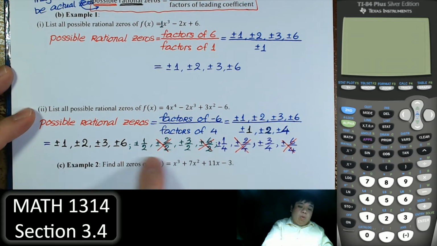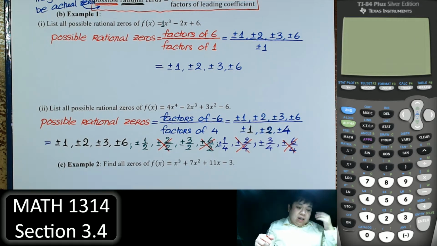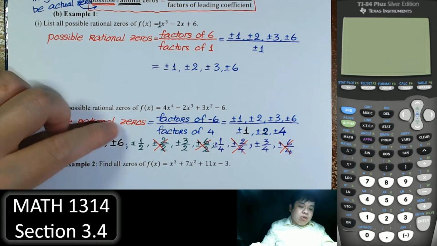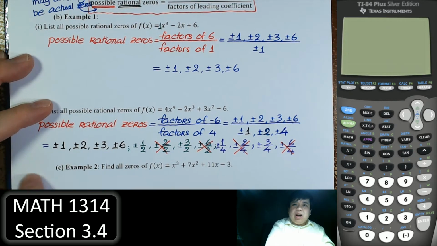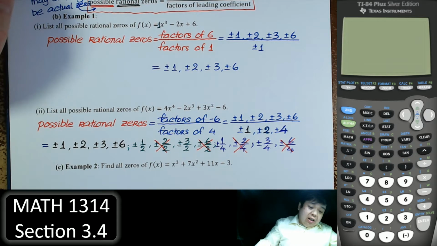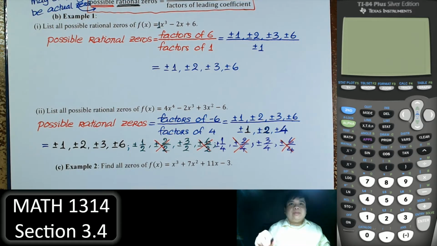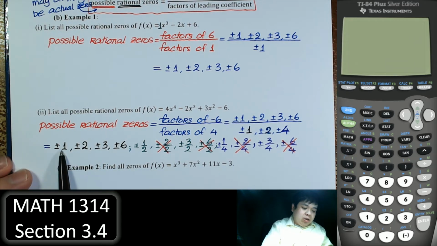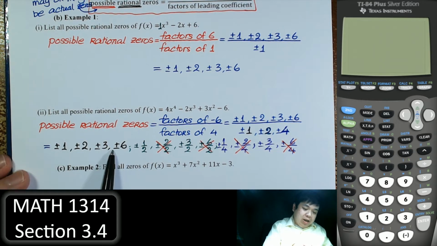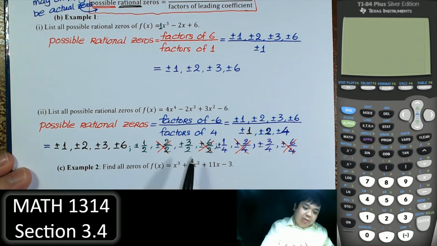So what's left is the list of possible rational zeros, and there are a lot of them, which means not all of them are actual zeros. Once again: plus or minus 1, plus or minus 2, plus or minus 3, plus or minus 6, plus or minus 1/2, plus or minus 3/2, plus or minus 1/4, and plus or minus 3/4.